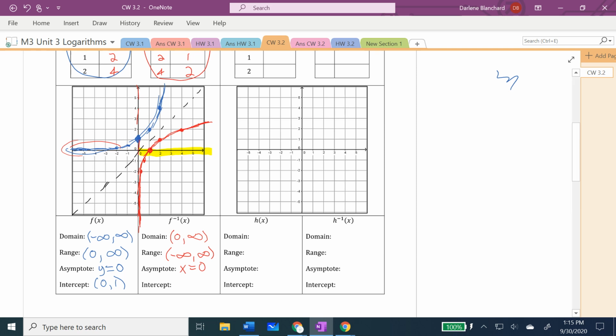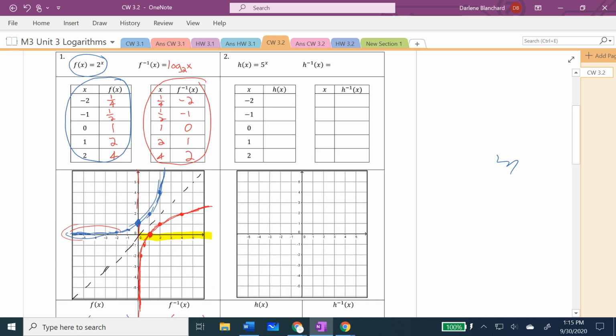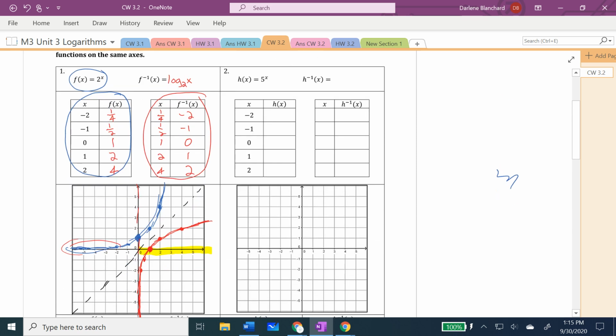And you have an intercept that all log functions will go through, and that is the x-intercept of 1. And I want you to see how the intercepts are swapping. What was a y-intercept of the exponential graph is now an x-intercept on the logarithm graph. Now let's do this again for 5 to the x.